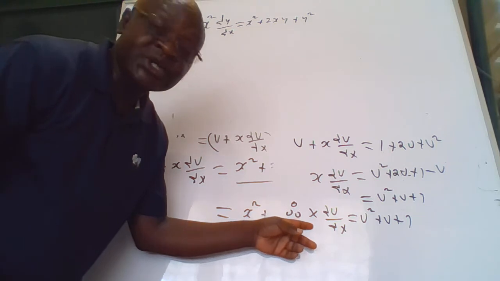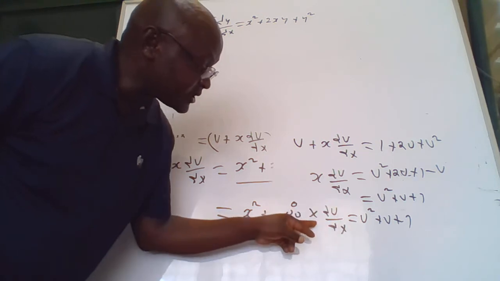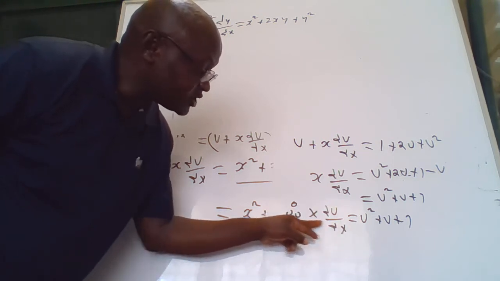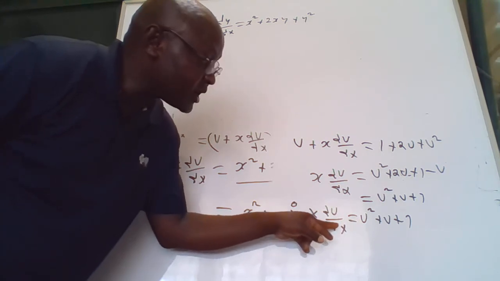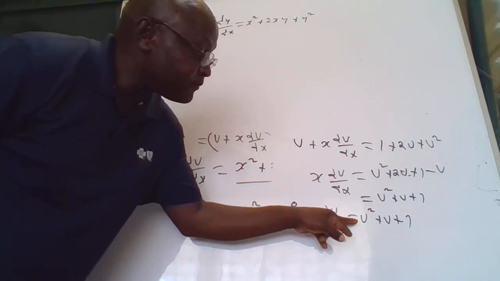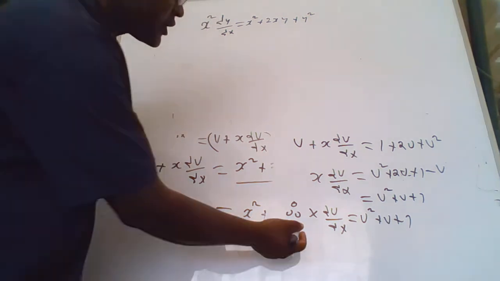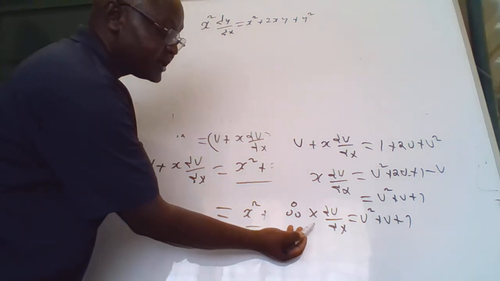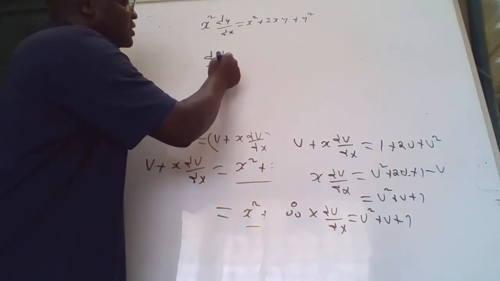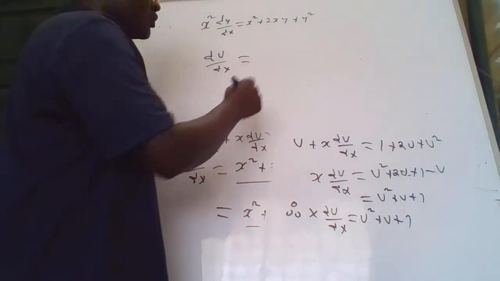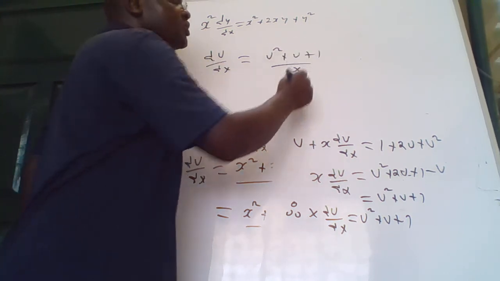Now from this equation we need to separate v and x. So we shall divide through by x, multiply through by dx, and divide through by v squared plus v plus 1. When I divide through by x, I have dv dx equals v squared plus v plus 1 all over x.